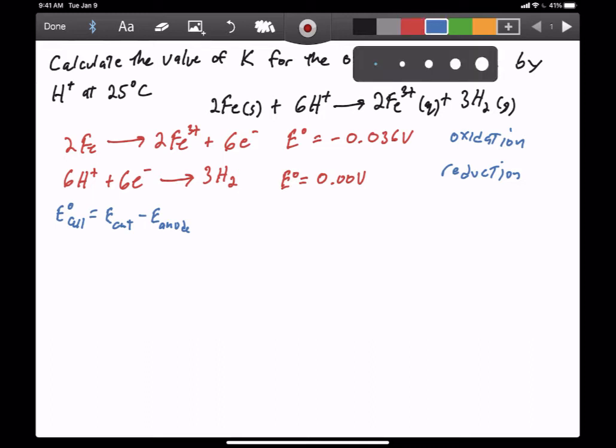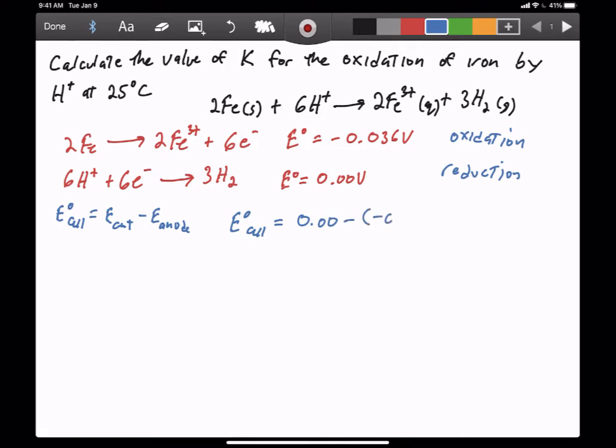So we know that reduction occurs at the cathode, and so for my E0 cell, that's going to be 0.00 minus a negative 0.036, all in volts, and so that comes out to be a positive 0.036 volts.